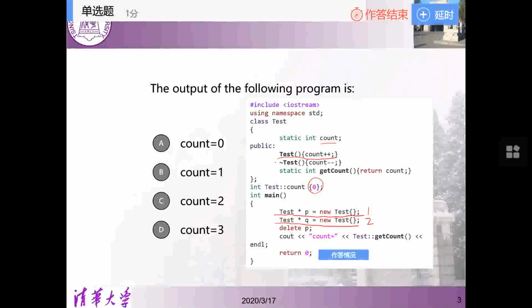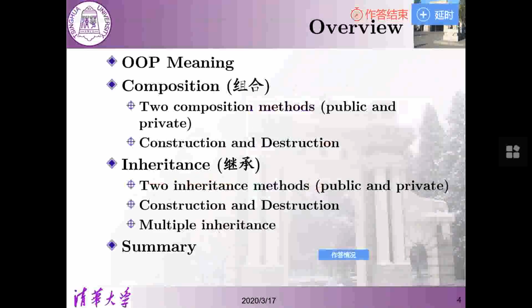And when we delete one, this destructor is called, so the count is decreased by 1, so 2 minus 1 is 1. So when we print it, it should be 1, right? So this is static.